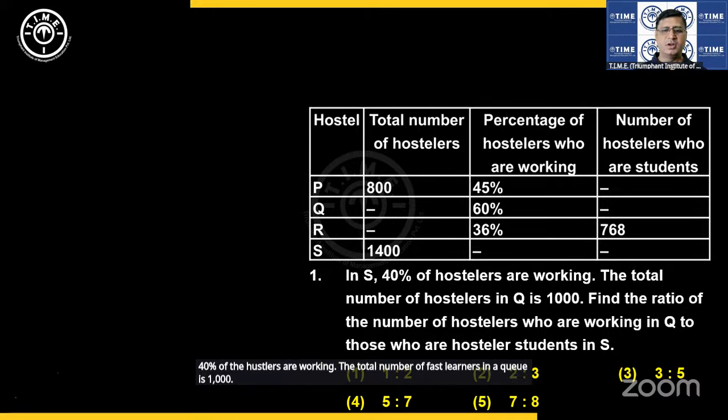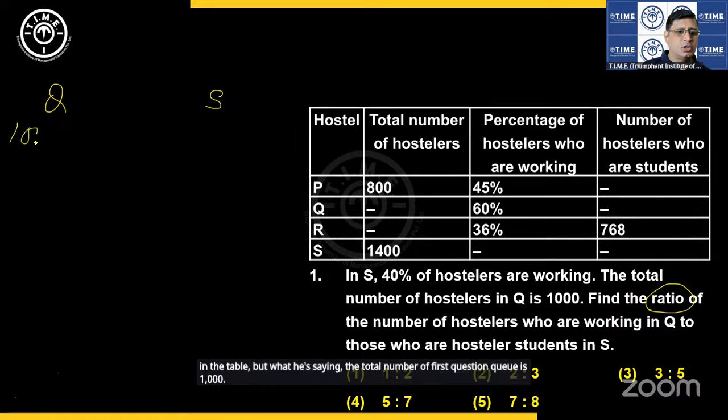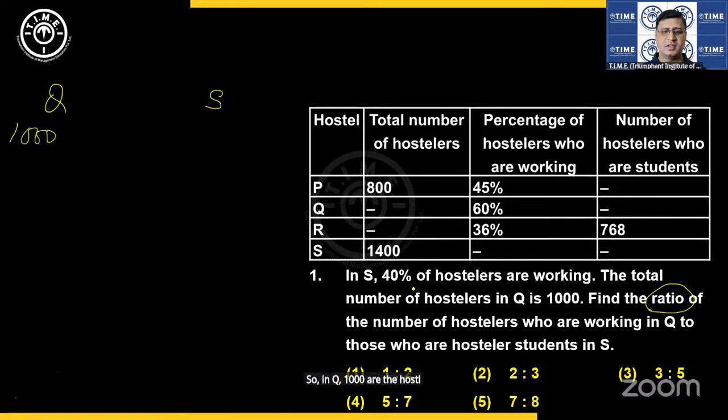Find the ratio of the number of hostelers who are working in Q to those who are hostelers, students in S. What we need to find is a ratio, Q to S. The Q value is not given in the table, but it says the total number of hostelers in Q is 1000. In that, 60% are working.